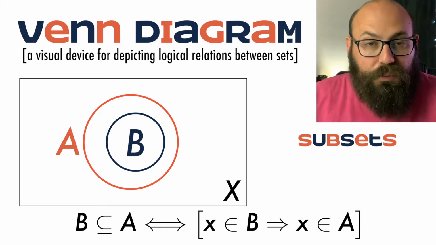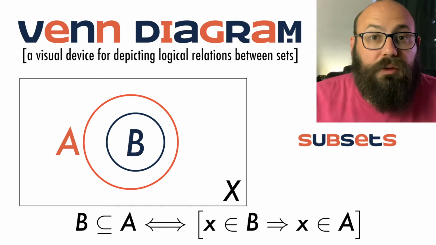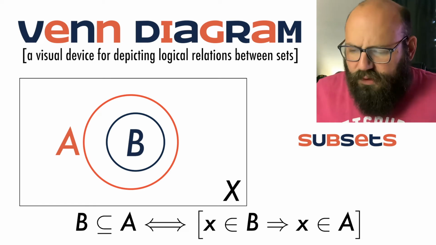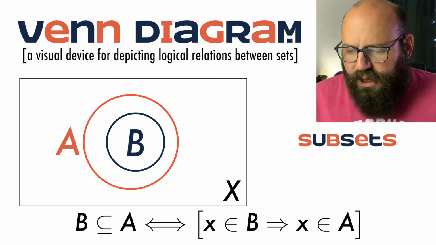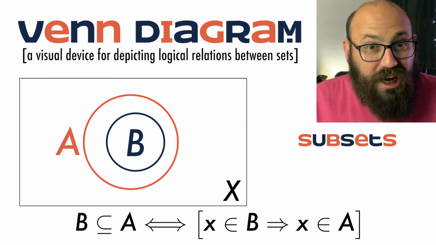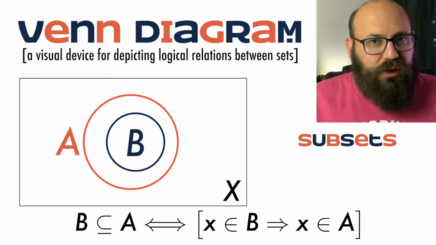Well, if a country is a presidential democracy, then it's a democracy. And notice that the subset operator, B subset or equal to A, kind of looks like a rounded less than or equal to sign, and essentially serves the same purpose.